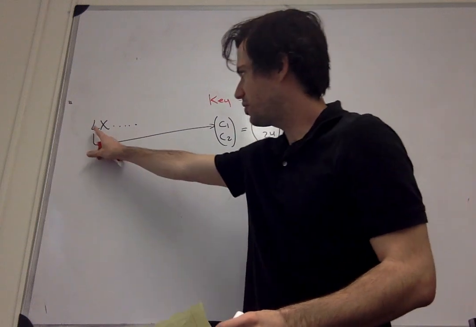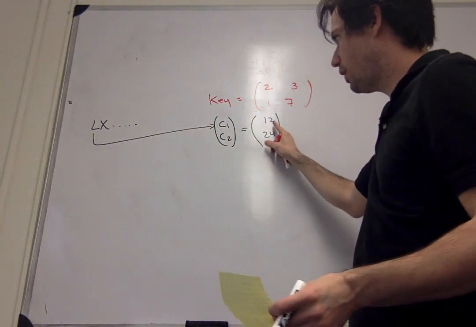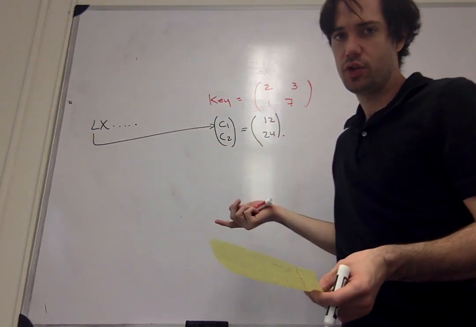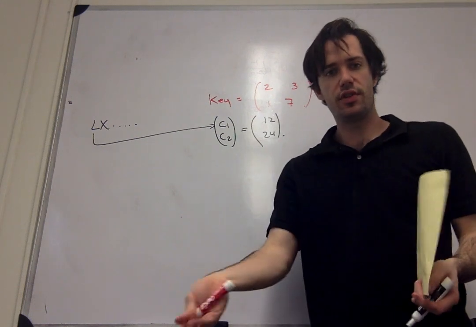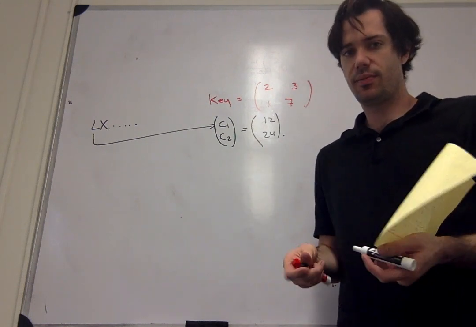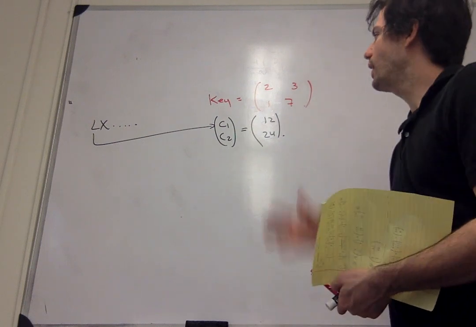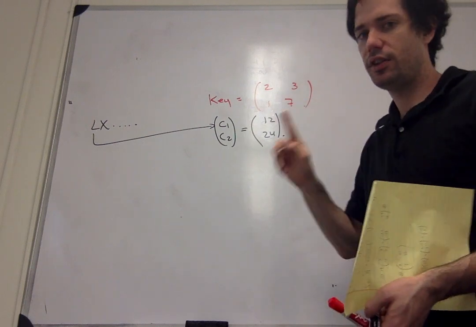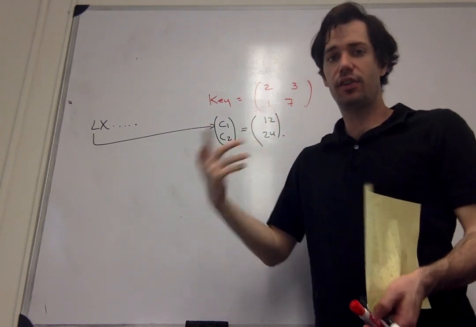Okay, so I'm just saying that L has position 12 and X has position 24. So that's what I've received, right? Or you could say that's what you received. I sent you a secret message, LX followed by a bunch of stuff, and you know the key. Okay, great. Well, you don't apply the key to this, you apply the inverse key.